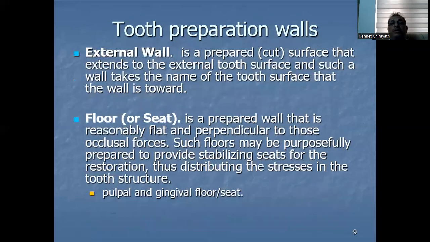Now comes the external wall. An external wall is a prepared surface that extends to the external tooth surface, such that the wall takes the name of the two surfaces that the wall is between. So the external wall is a cavity wall that extends to the external surface.